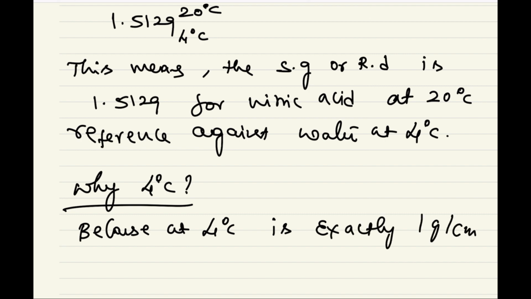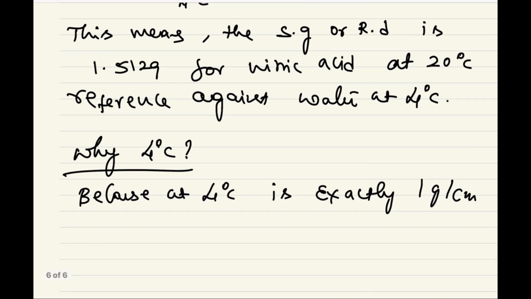So if the specific gravity is given with respect to water at 4 degrees centigrade, you can just multiply by 1. Whatever specific gravity is given, it is the same as the density in gram per centimeter cube. We can easily calculate. That is the reason the 4 degree reference is considered.